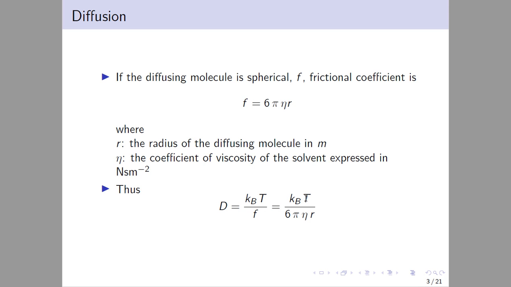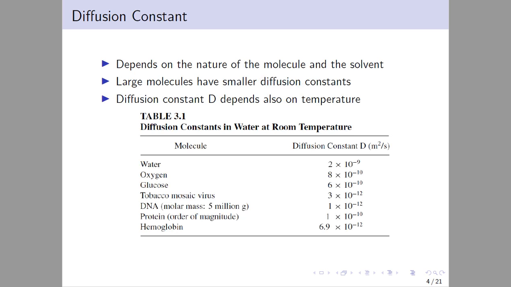Here is the diffusion constant for some molecules in water at room temperature, which is considered 25 degrees Celsius. You can see here values from 2 times 10 to the power minus 9 to 6.9 times 10 to the power minus 12.